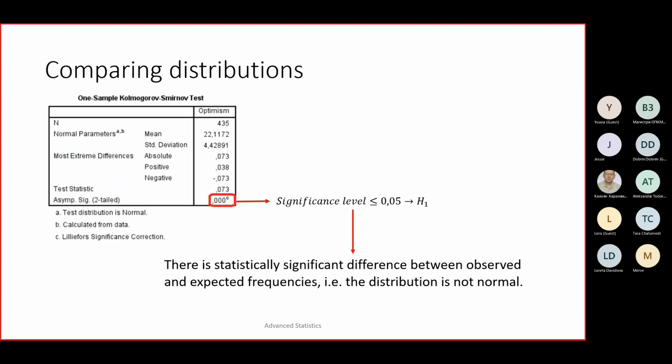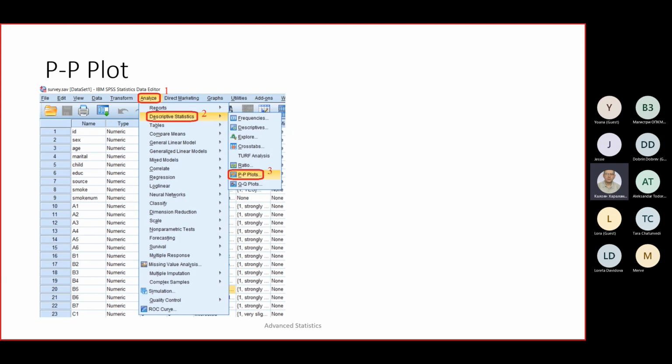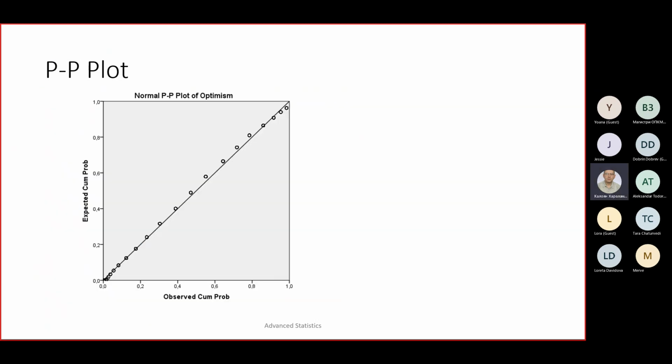Again in PSPP, unfortunately, there are no graphs, but in SPSS there are two different graphs for visualization of comparison between distributions: the PP plot and the QQ plot. So this is a PP plot.